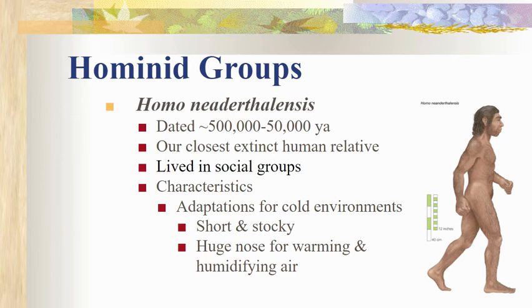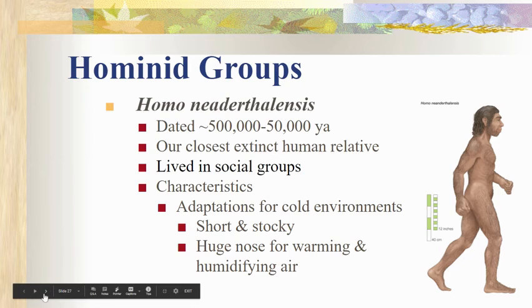They were short and stocky, which allowed them to have more fat deposits and keep themselves warmer that way. They had a huge nose for warming and humidifying the air because in colder environments, the air is very cold and dry. And so it often needs to be warmed and humidified before it reaches the lungs.